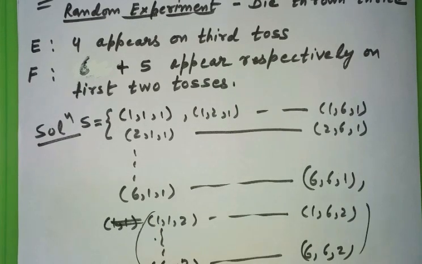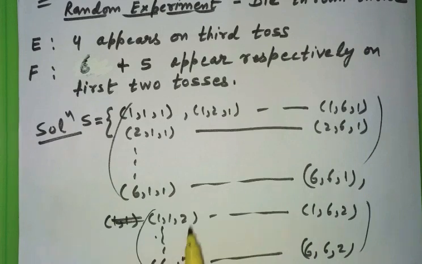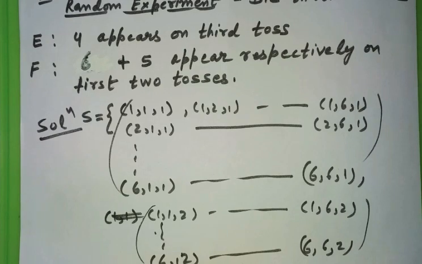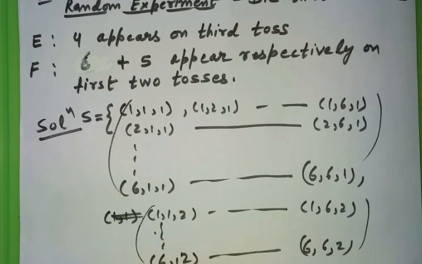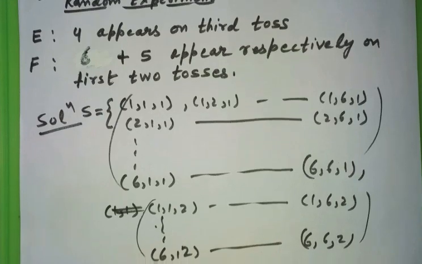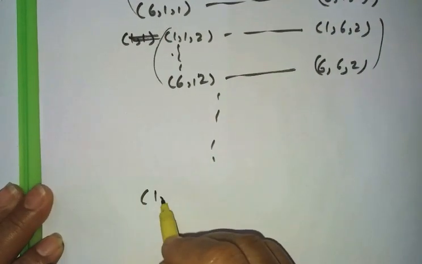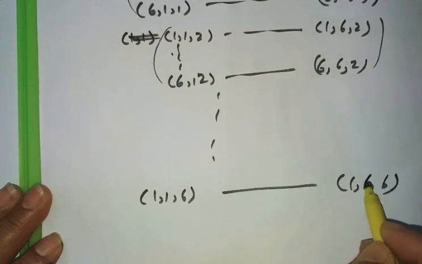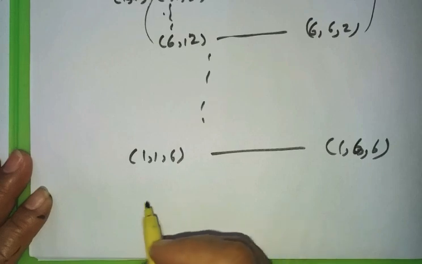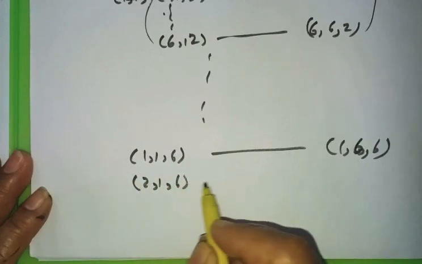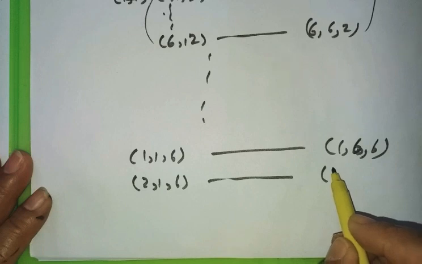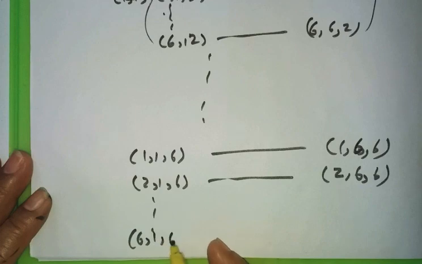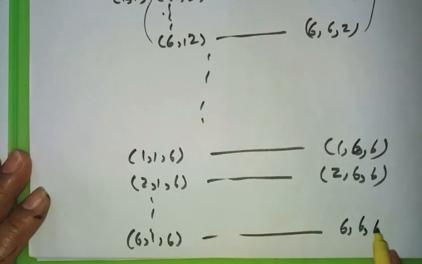Similarly, I'll keep pairing all these 36. These are 36, these are 36, these are 36, and first I paired these with 1, then with 2, then with 3, then with 4, then with 5, and lastly with 6. So till 1 1 with 6, till 1 6 with 6, and 2 1 with 6, and on till 2 6 with 6, and on, 6 1 with 6 till 6 6 with 6.